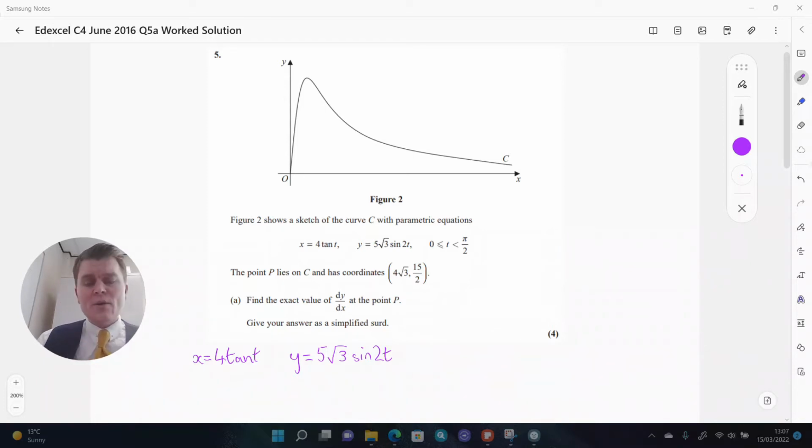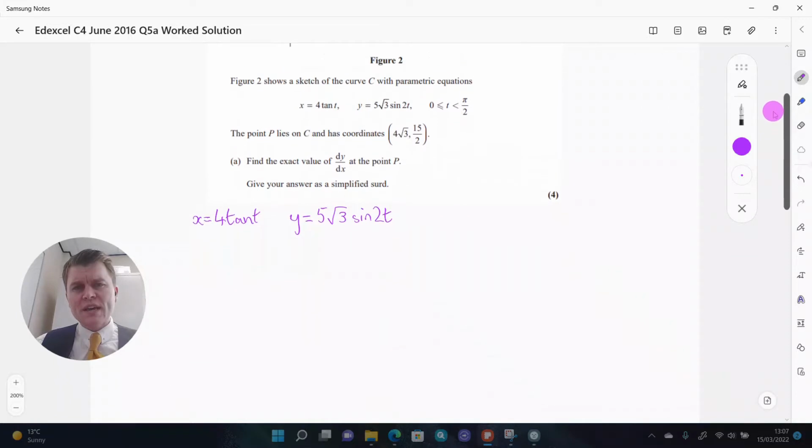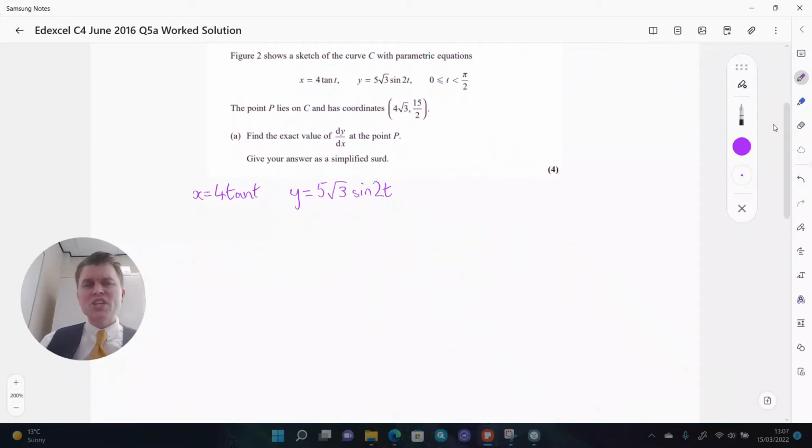Okay, so I've written down the parametric equations, and it's worth noting how differentiation works with this. It works almost as a way of simplifying fractions that have been multiplied together.